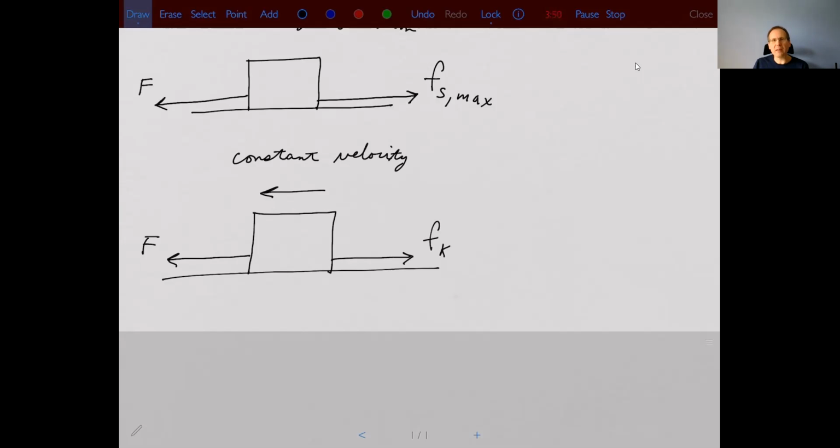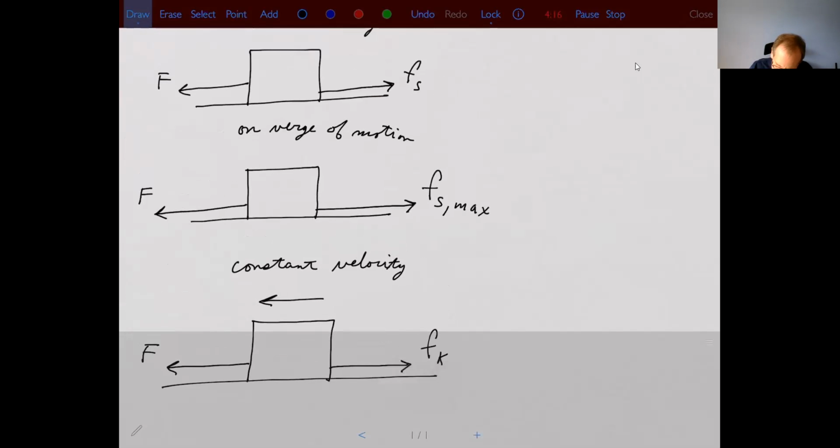So Fk is used when the object is moving, and Fs is used when the object is static, when it's not moving. And Fs max in particular is when the object is not moving, but it's right on the verge of motion. If you pulled any harder, it would start moving. Okay, now what's true about Fs and Fk? Well, one thing, and you can kind of see from the picture up here, let me bring this back up.